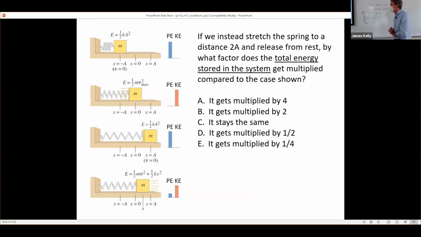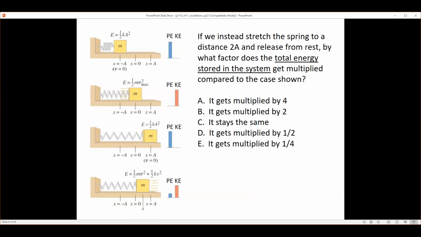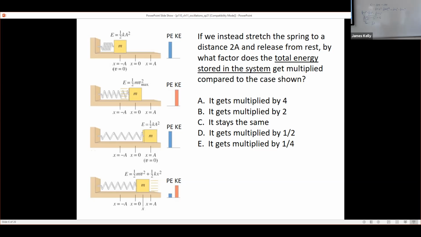Doubling the amplitude. I'm not getting a strong vibe that everybody's ready to vote, but if you've got to vote, hold it up.